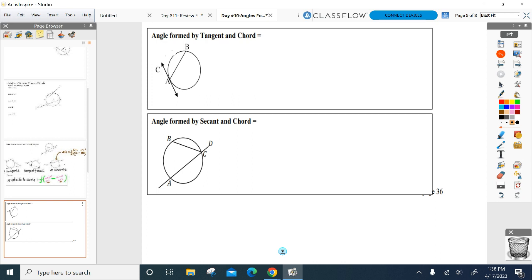What type of angle am I talking about here? Look at angle BAC on your diagram right now. Is it inside? Nah. How about outside? No, it's kind of in between, isn't it? It's like a half and half. I call that a tweener.